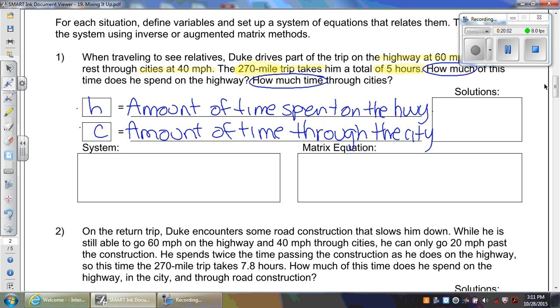Now, to solve a system that has two unknowns or two variables, we need to have at least two equations. One of those equations is going to be given, we're going to use the information given to us. So we know that the total distance of the trip was 270 miles, and we know the total time of the trip was 5 hours. So one of those equations is going to represent the total time.